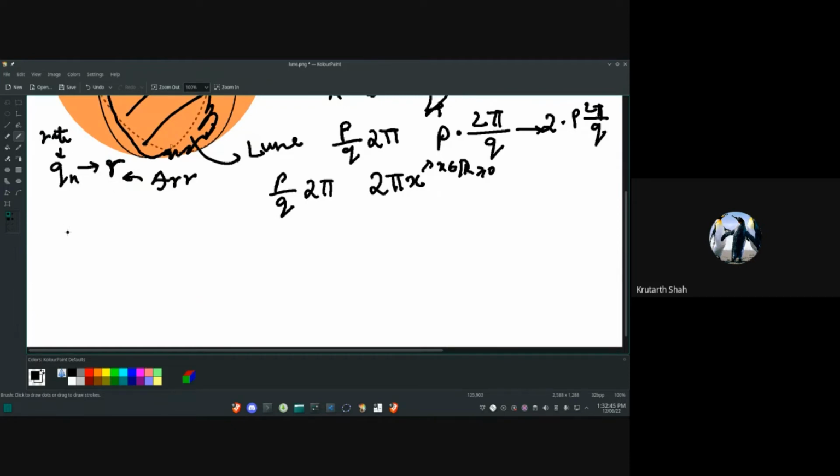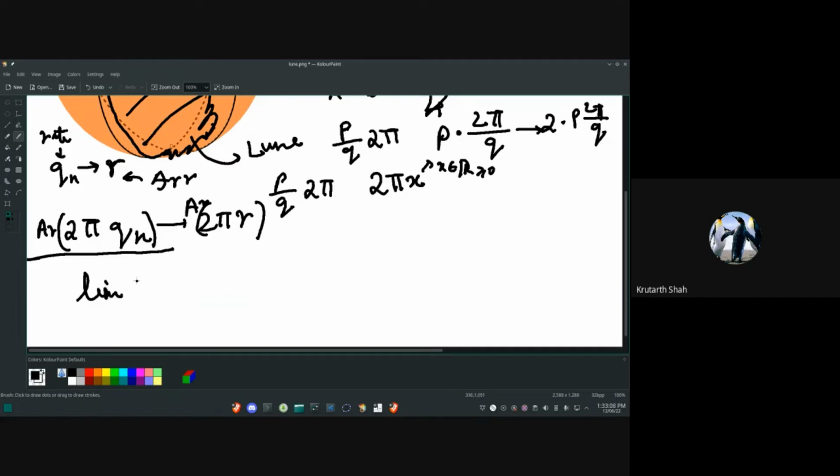Since the area is continuous, you would have 2 pi Qn also converges to 2 pi R, of course. So the area of this angle would converge to the area of this thing. So you have to find where this sequence converges.